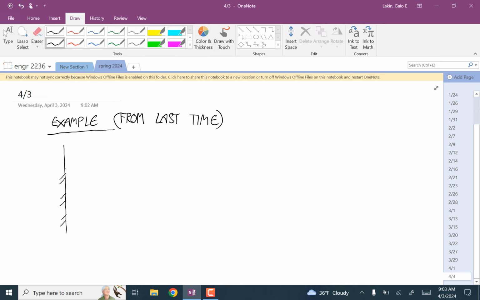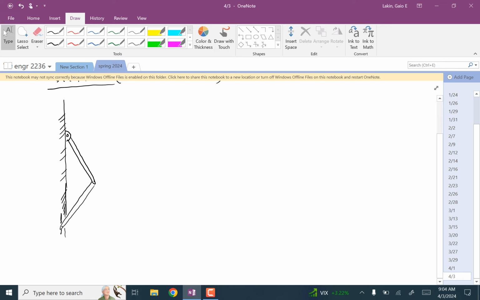We have a vertical wall, and there's a pin and slot joint at the bottom like that, and 100 Newton force applied there.